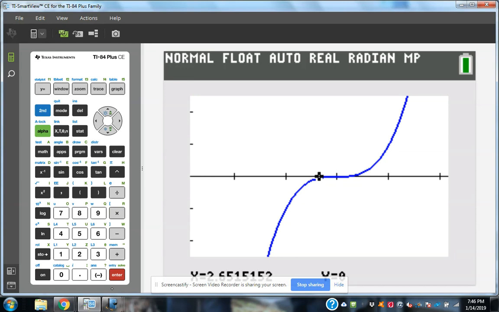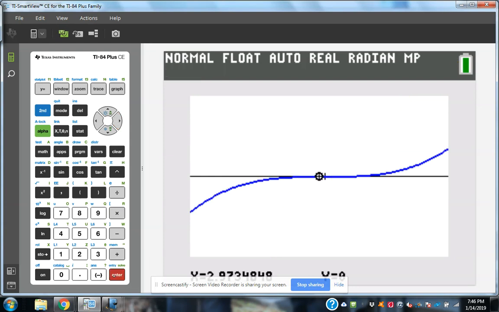If I hit zoom number 2 and zoom in some more to that spot where it looks flat, look, it's still got some space in between it here.